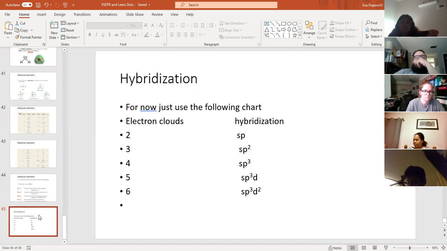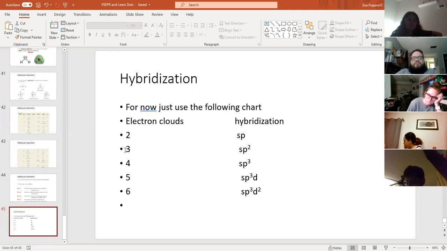And the theory they developed is that, well, maybe what's happening is we are hybridizing the orbitals. So I'm going to take an atomic S, and I'm going to put it with an atomic P, and I'm going to make a new orbital that I'm going to call SP. So if I have the need to have two things around my center atom, my hybridization is going to need two atomic orbitals, and that is going to be SP.